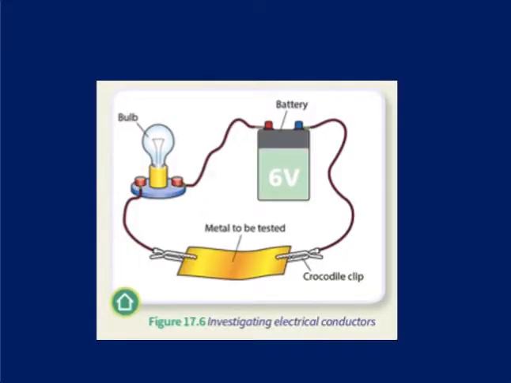So we would also have done something similar to this, whereby we would have made a circuit with some wires, we would have had a power pack, and we put a bulb in here, and we put the thing that we wanted to test between these crocodile clips, and something happens to the bulb depending on what you put in between the clips.